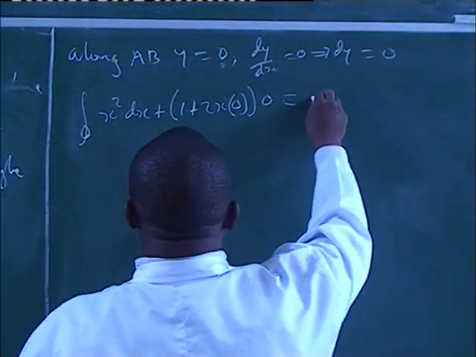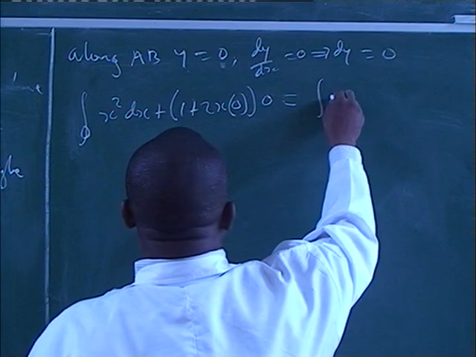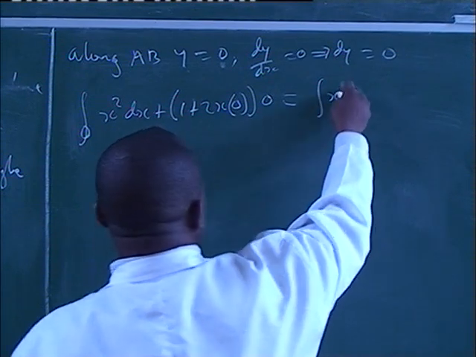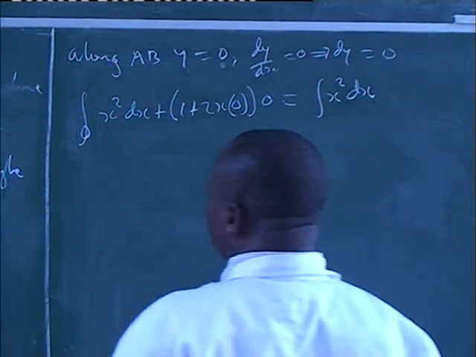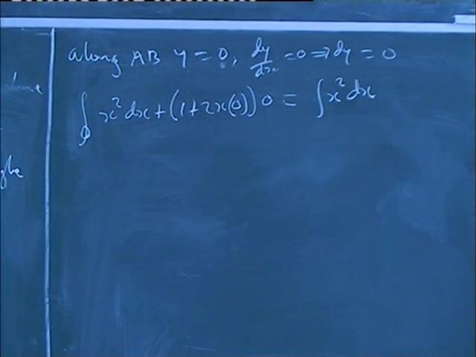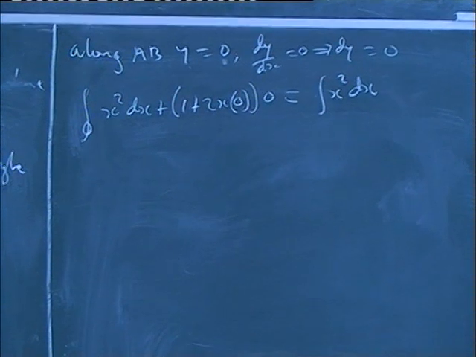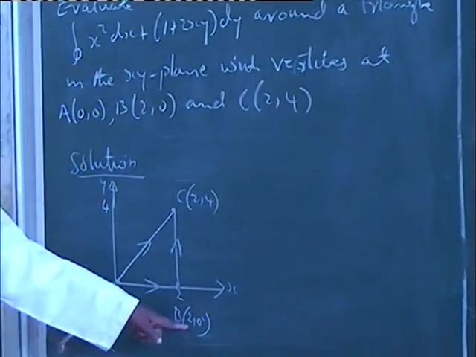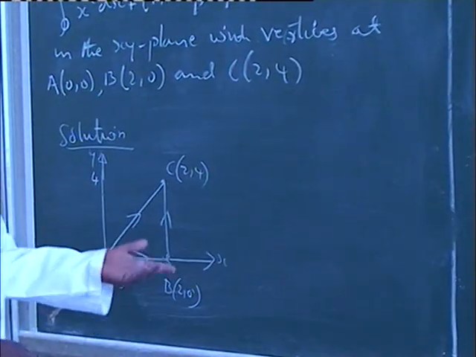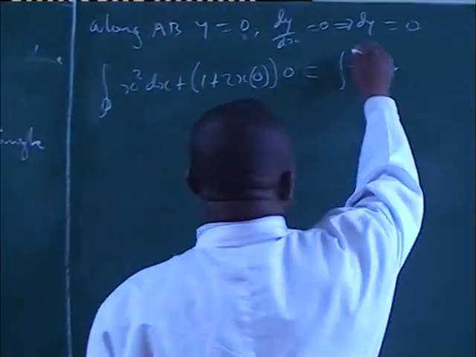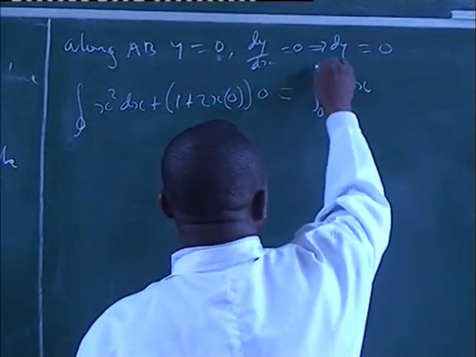So what we have is the integral of x squared dx. And then along that, we can now integrate. The limit of x is from 2 to 0. That is for the x-axis.